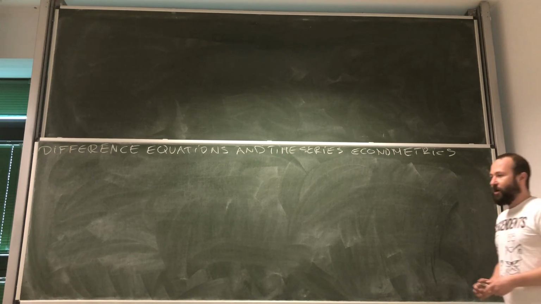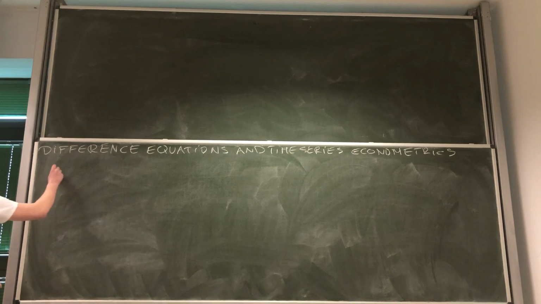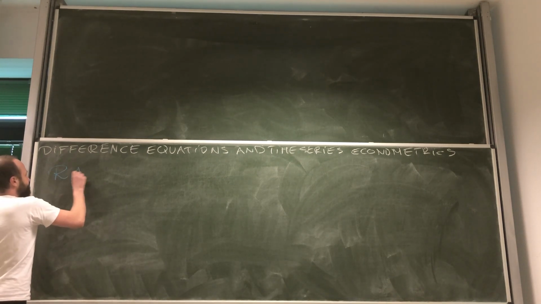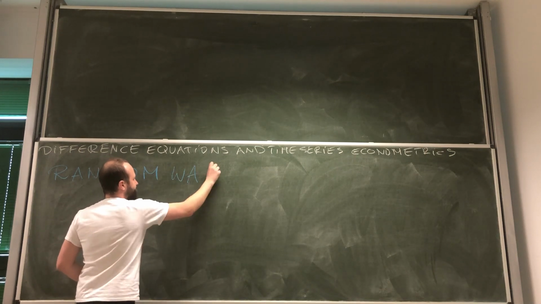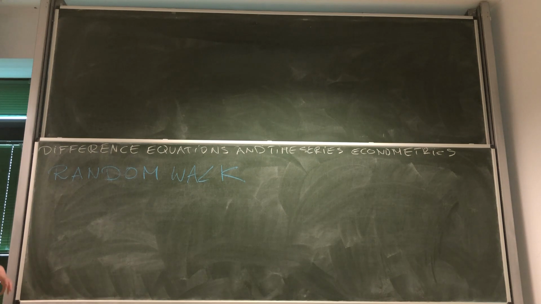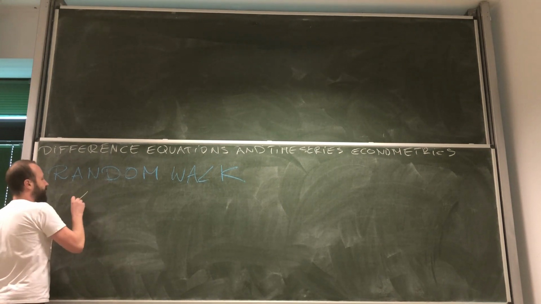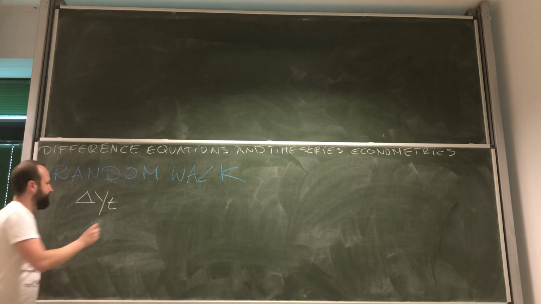We're going to start with a process called random walk. The process called random walk is given by the following difference equation.